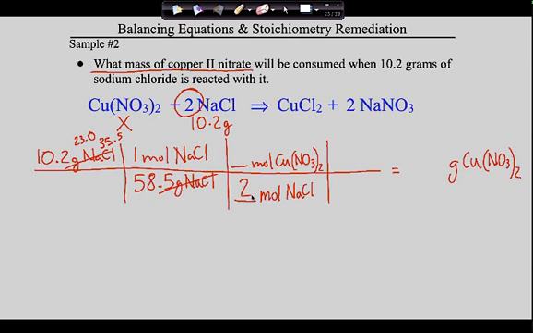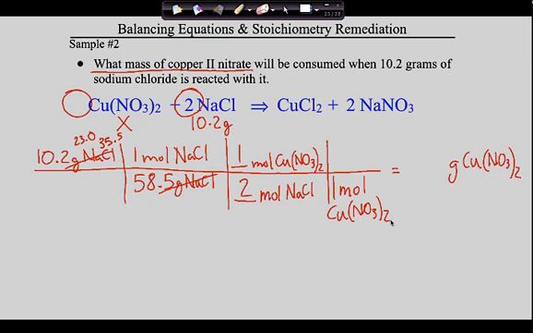When we go to copper 2 nitrate, we see that there's nothing in front, meaning that's an understood 1. Now moving on from there, we go 1 mole of Cu(NO3)2, running a little tight on space. And now we need to figure out the mass of copper 2 nitrate.